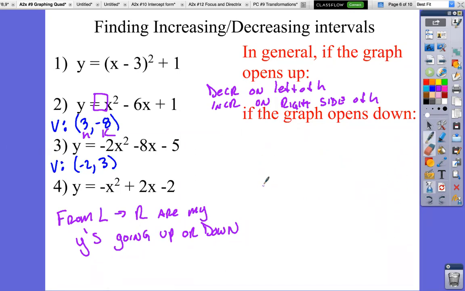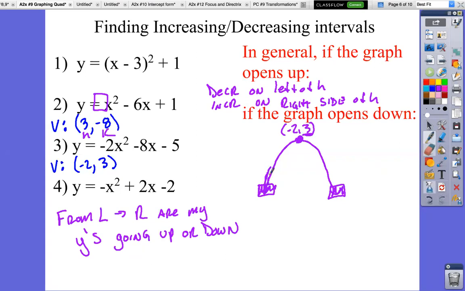If it's decreasing, let's look at this again. This is my point, -2, 3. 3 is my maximum value, right? So my maximum value is 3. And that happens at -2. Well, again, from left to right, what's happening to my Y values?